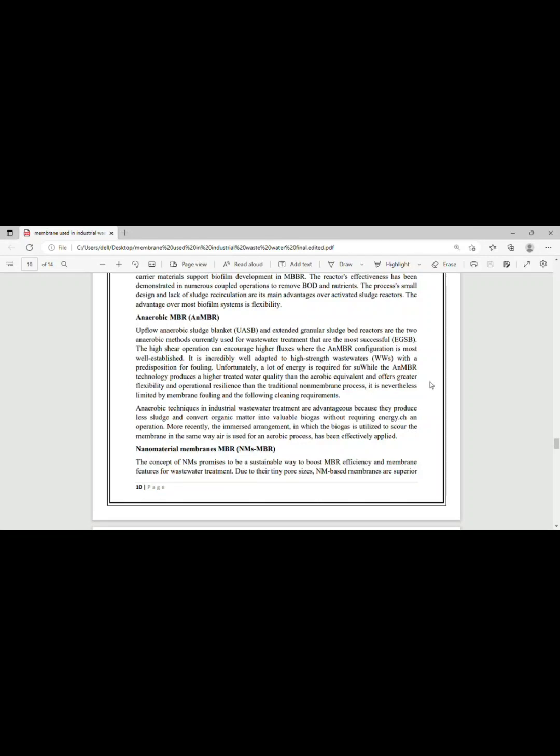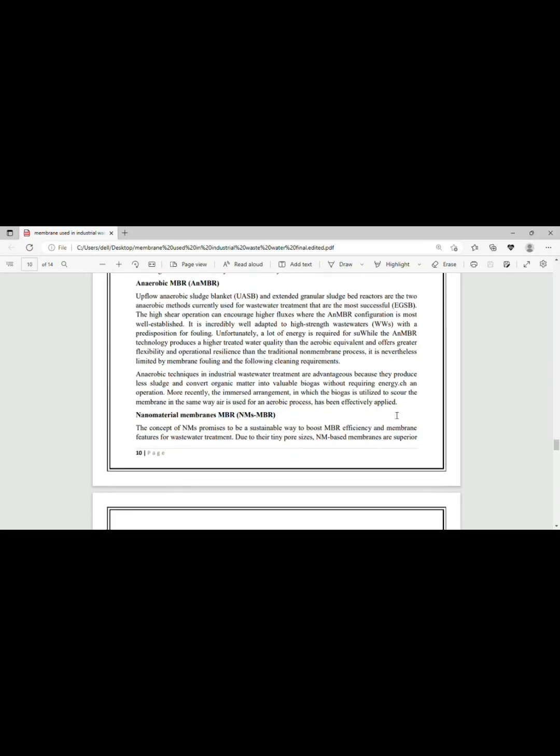Unfortunately, a lot of energy is required, but this technology produces higher treated water quality than the aerobic equivalent and offers greater flexibility and operational resilience than the traditional non-membrane process. It is nevertheless limited by membrane fouling and defouling cleaning requirements. These techniques in industrial wastewater are advantageous because they produce less sludge and convert organic matter into valuable biogas without requiring energy. Next is nanomaterial membranes.